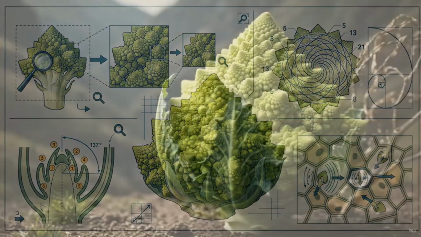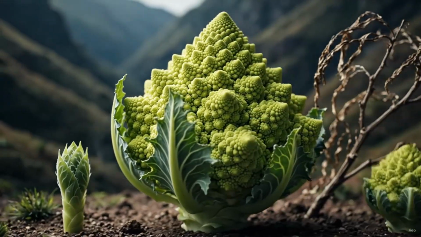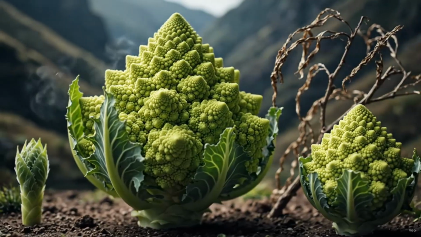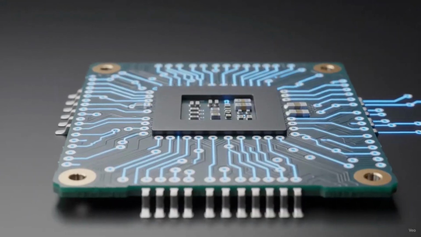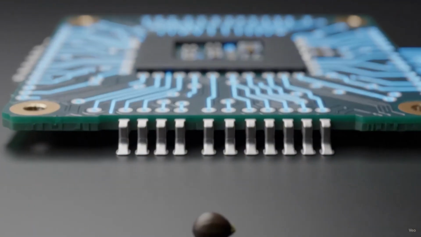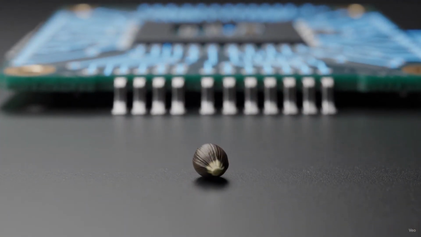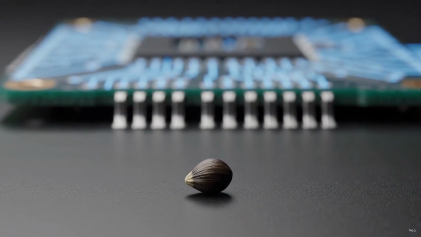This realization forces us to confront a terrifying paradox of evolution. A biological plant does not possess a silicon central processing unit.